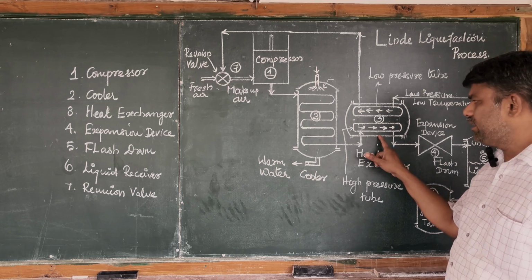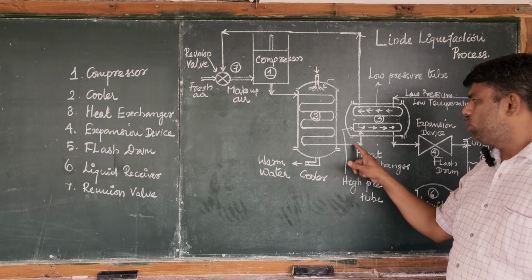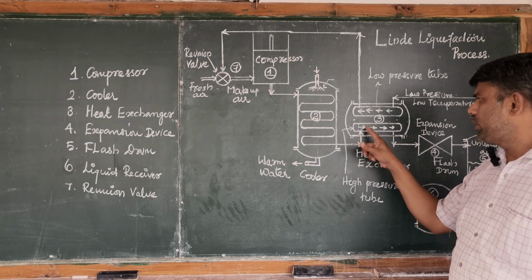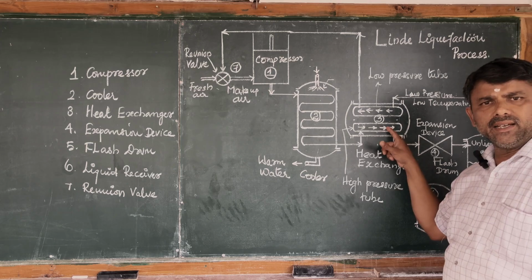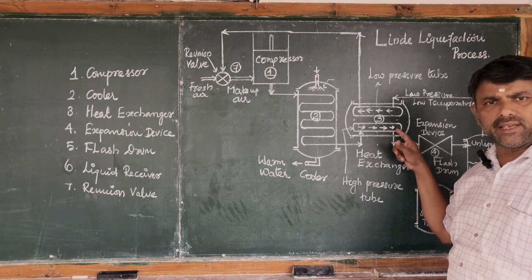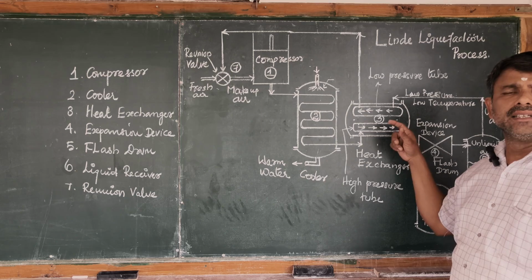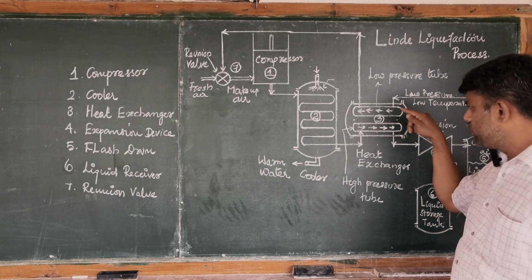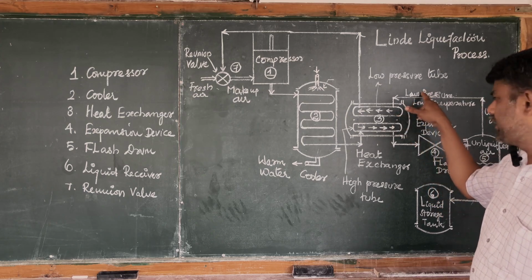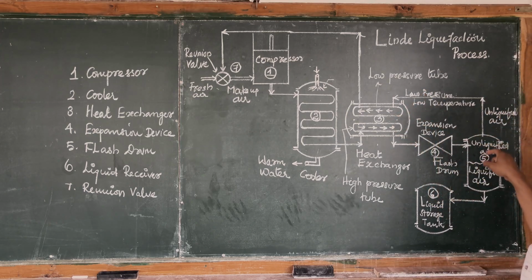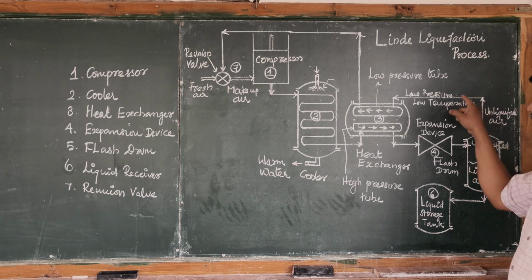In the heat exchanger, the high pressure air is fed into a high pressure tube, and its temperature gets decreased drastically by the low temperature, low pressure air from the flash drum. Clear?